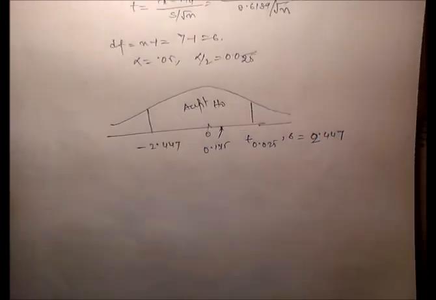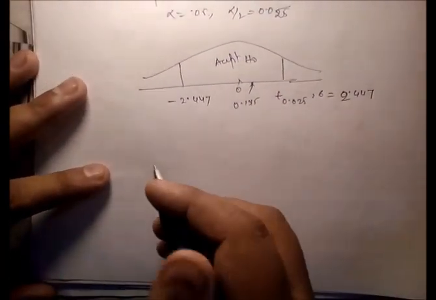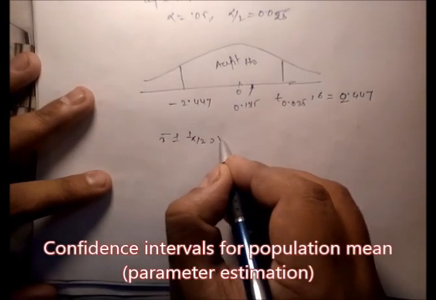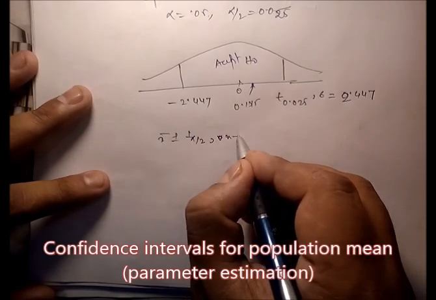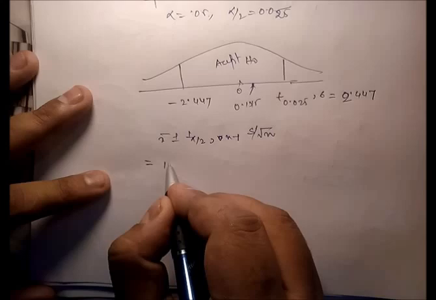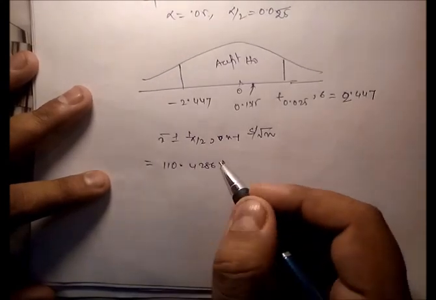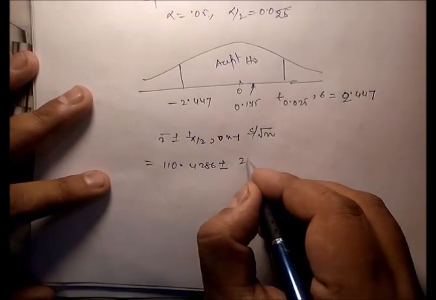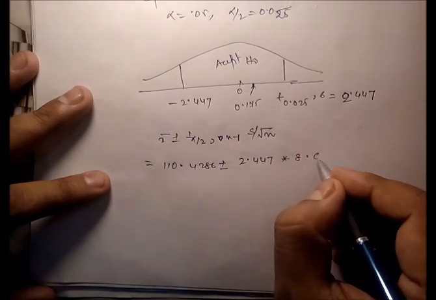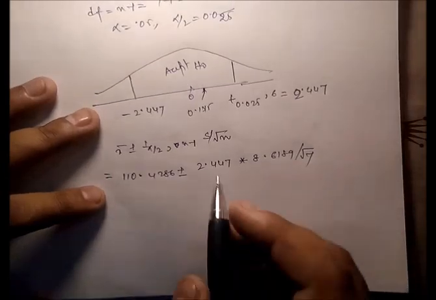Then we have to calculate the confidence interval for the population mean. Already we know the formula: x bar plus minus t alpha by 2 comma n minus 1 times s by square root of n. So the sample mean is 110.4286 plus minus 2.447 into 8.6189 by square root of 7.